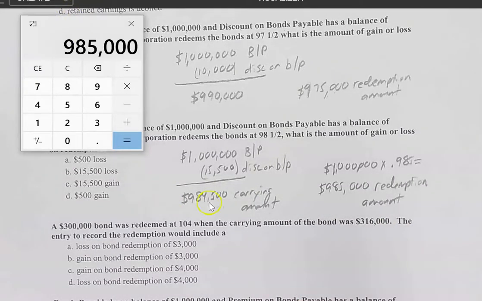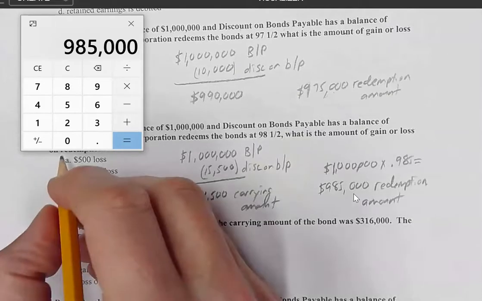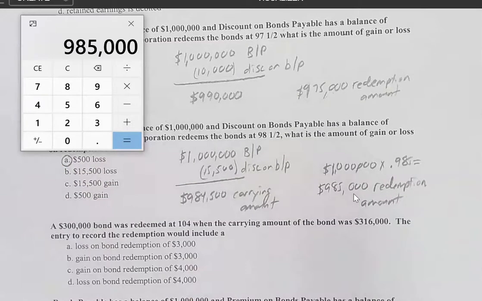So we got rid of a carrying amount of $984,500, but it cost us more than that. It cost us $985,000 to redeem this bond issue. Therefore, we have a $500 loss.